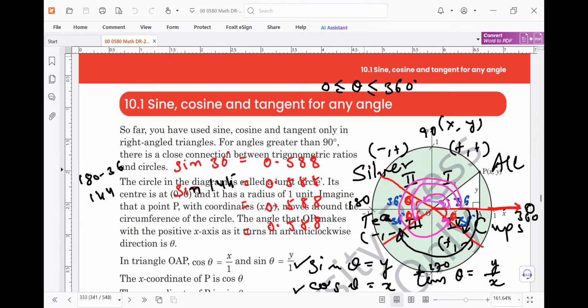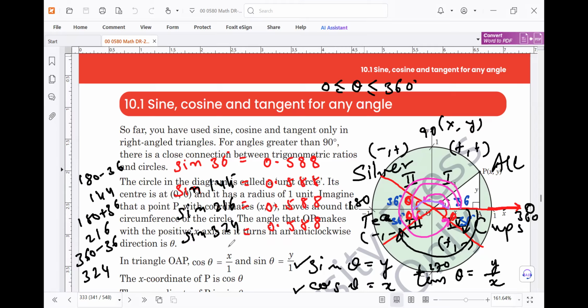Then you take this angle, which is again 36, so it is 180 plus 36, which is 216, sine 216, correct? Then you take the whole thing till here, which is 360 minus 36, which will be 324, right? Clear?